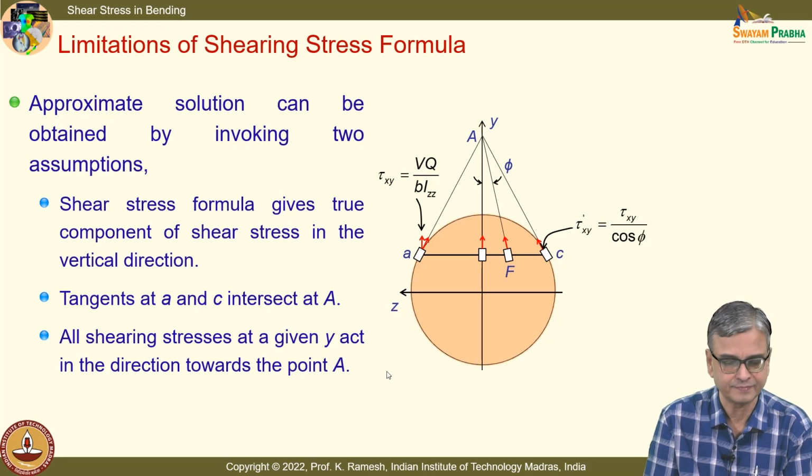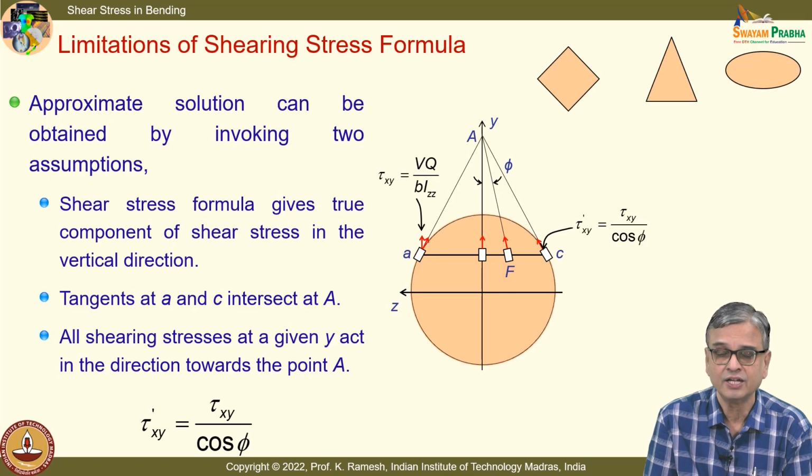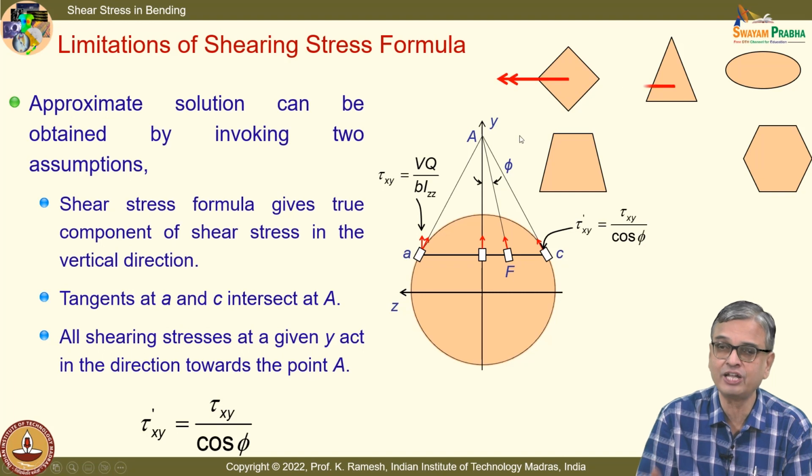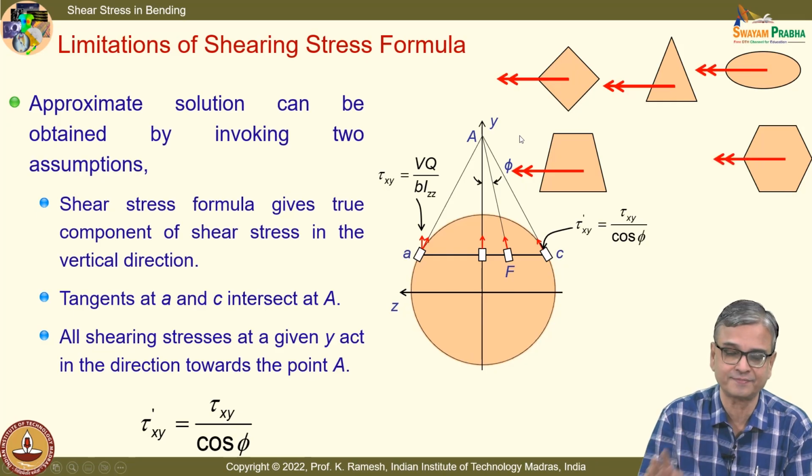Fine. And we have also looked at several other cross sections, because for bending, you require only an axis of symmetry. In fact, only along the plane of symmetry we do all the calculations. We simply extend it to the thickness.